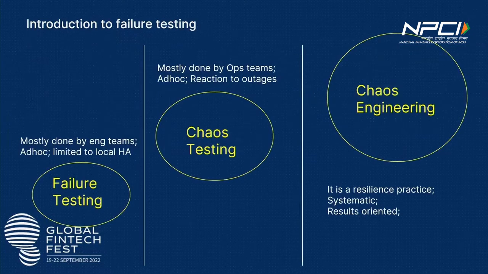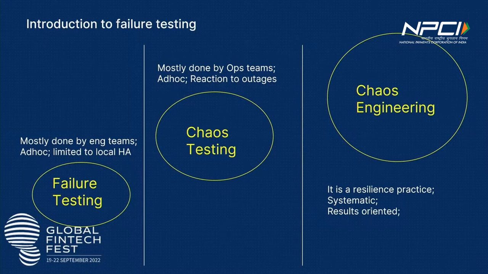Also, one other common misconception is, hey, I'm also doing chaos testing. I'm doing failure testing. What is this new thing, right? Chaos engineering is nothing but you try to break some stuff and then see if it works or not, right? People try to downplay it, so that's where I'm trying to explain here. Failure testing, you can always argue that it's a part of chaos engineering, but it is not the real chaos engineering, right?